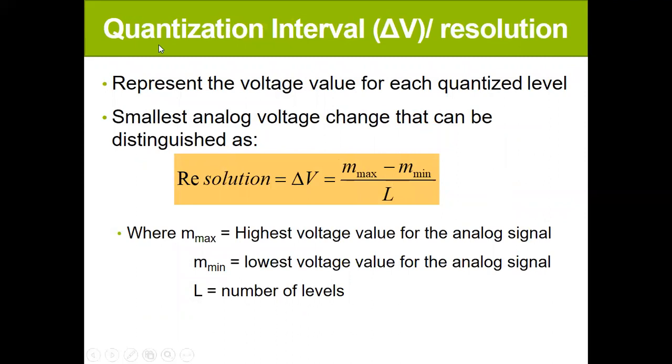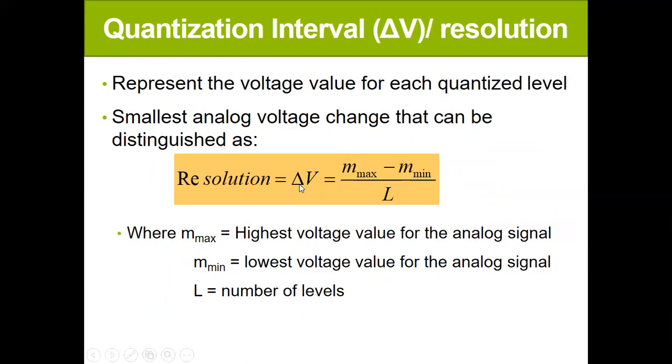Now one more quantity we need to know, the quantization interval or resolution. What is the quantization interval? Since we are distributing all the values in terms of finite levels, it is the difference between one level and another level. That is the quantization interval delta, or it is known as resolution.